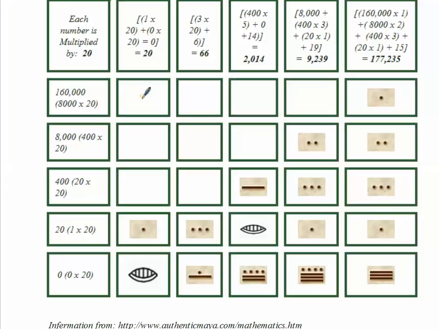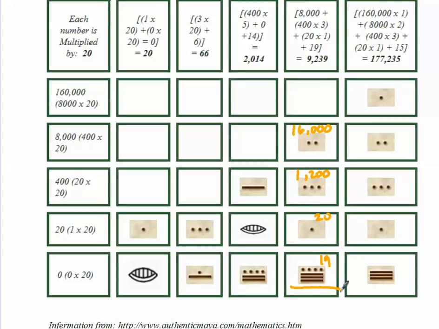So if I were to take a look at, say, this one here, I have 2 groups of 8,000. So what is 2 groups of 8,000? That would be a whopping total of 16,000. I have 3 groups of 400. 3 times 400 is 1,200. I have 1 group of 20, and I have 19 ones.